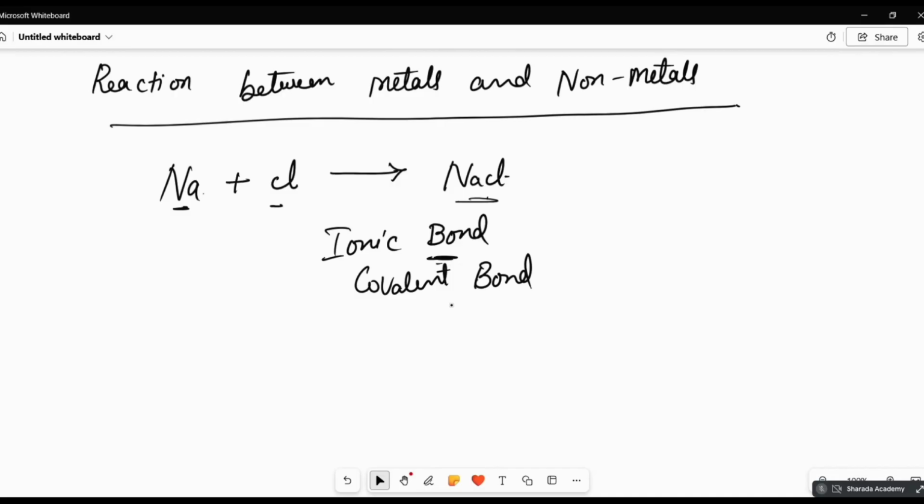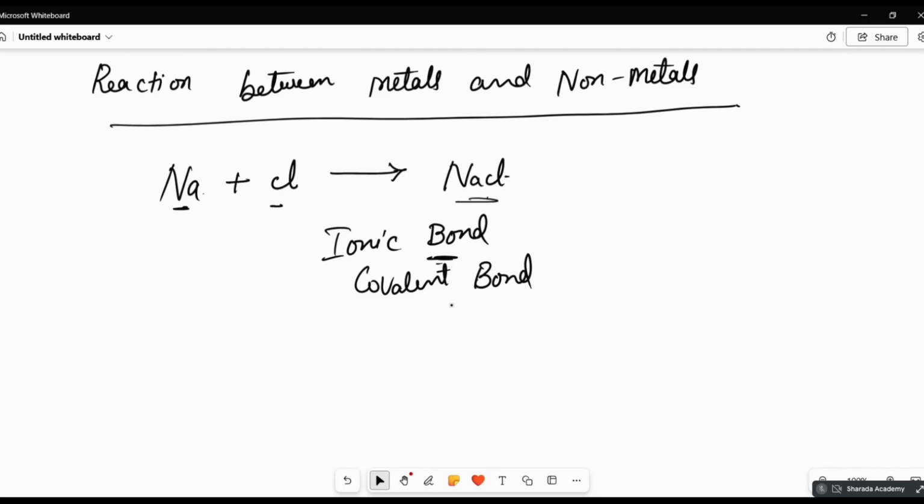Okay, and we always study that in any chemical reaction, it is the electrons that take part, correct? Protons and neutrons are inside the nucleus, so they don't take part in the chemical reaction. Only the electrons take part. And which electrons? The valence electrons.